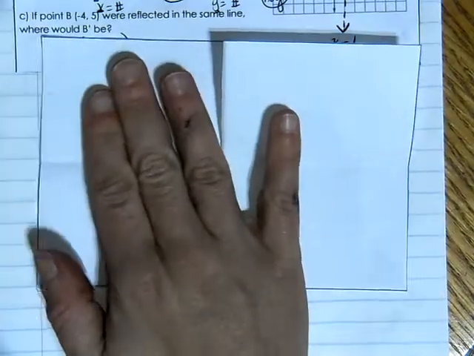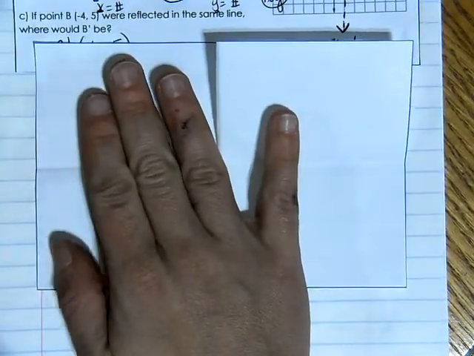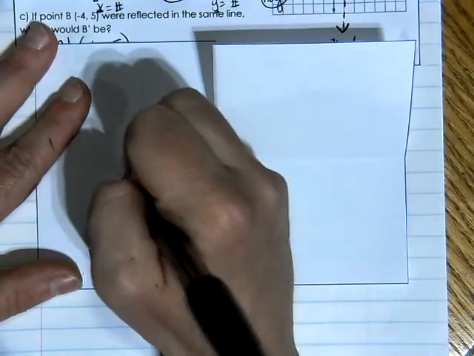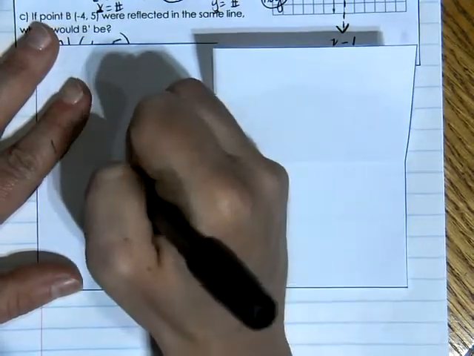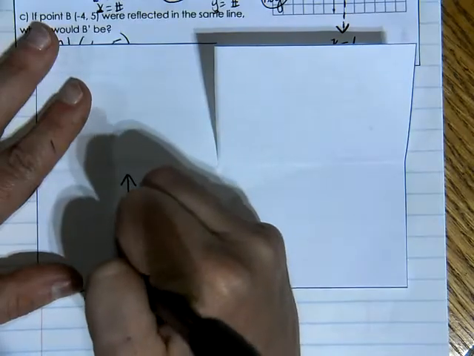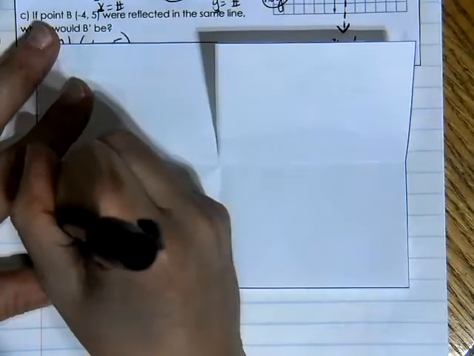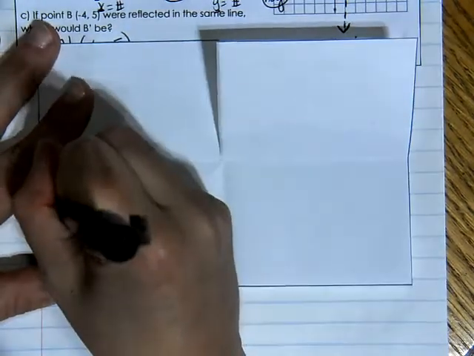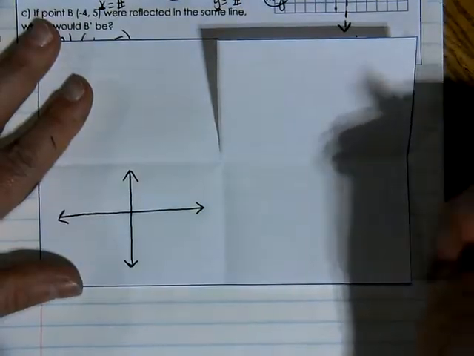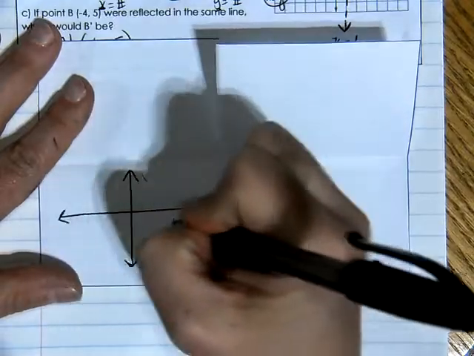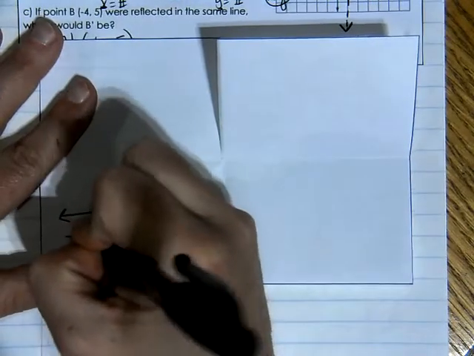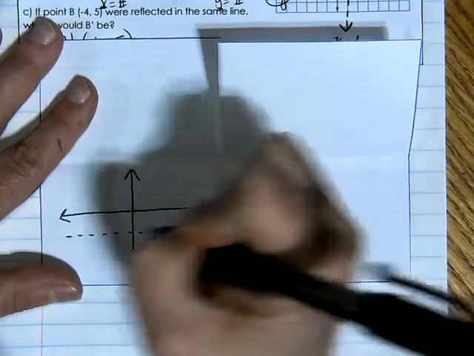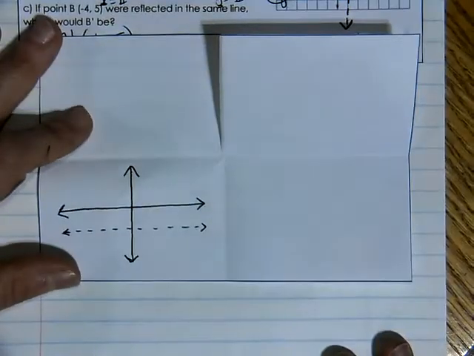For this first line, we're going to be talking about a horizontal line. Please go ahead and draw a quick sketch of a coordinate plane, and draw a horizontal dashed line on this plane.